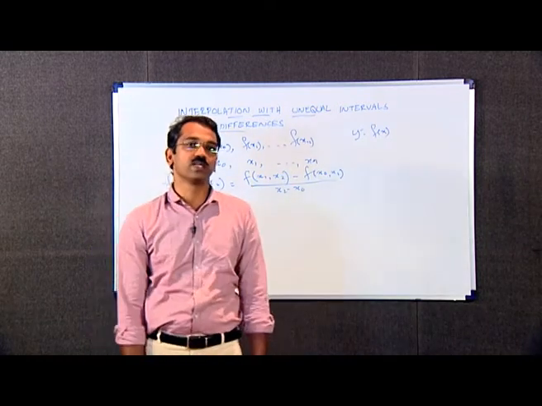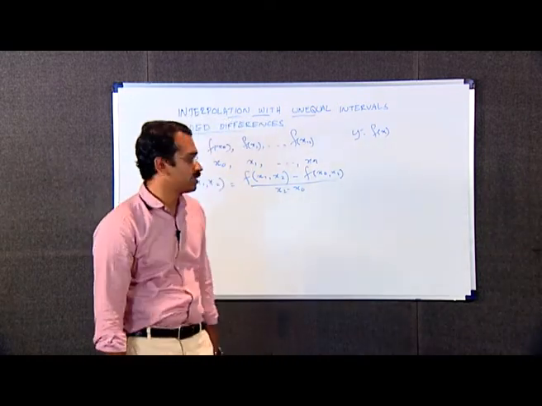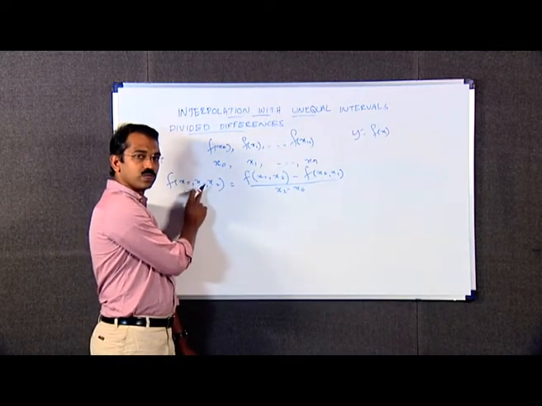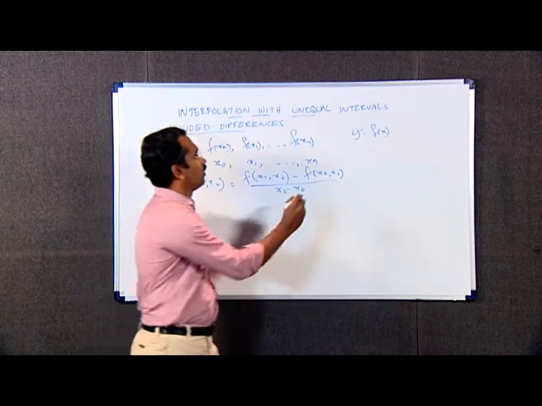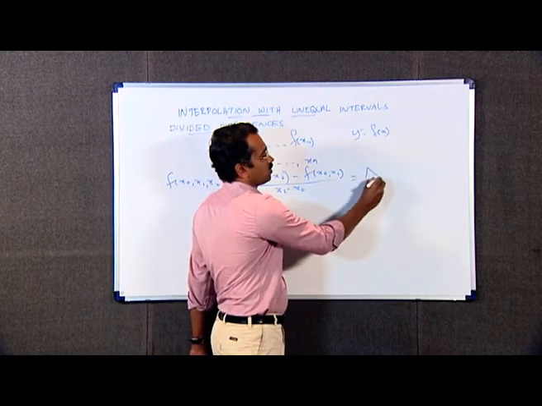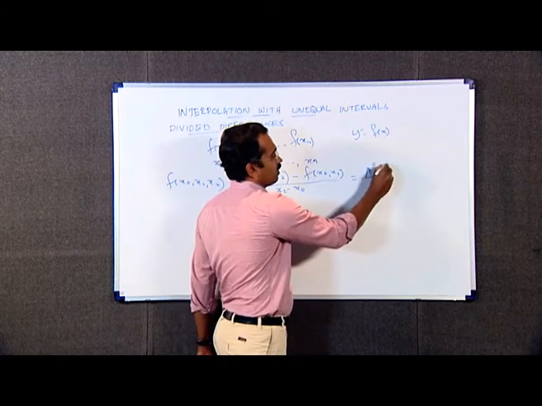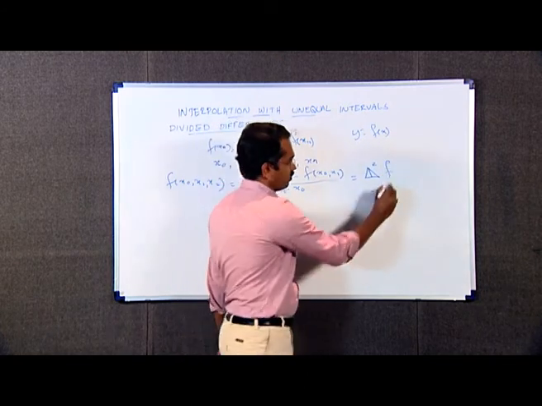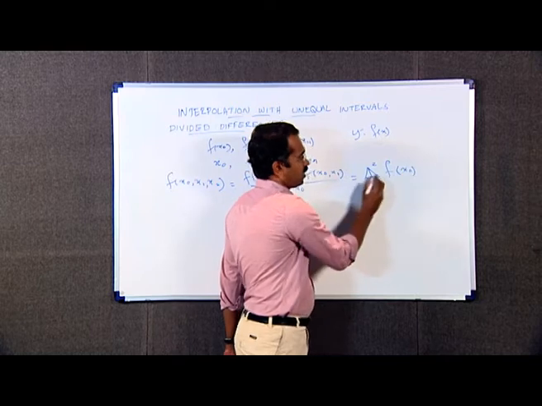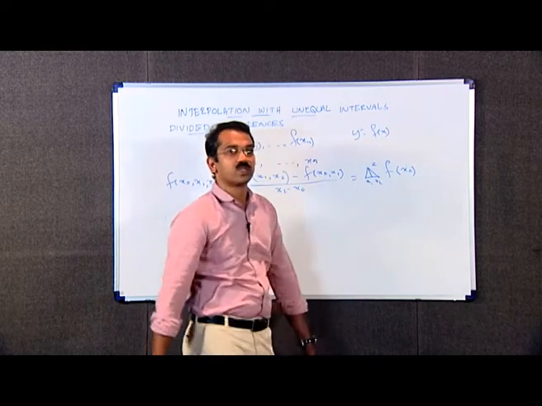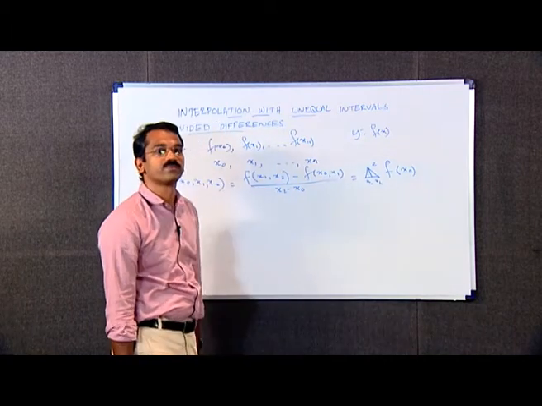This is the second order divided difference corresponding to these 3 arguments. We can use this notation also, divided delta square f of x naught, here we write x 1 comma x 2.